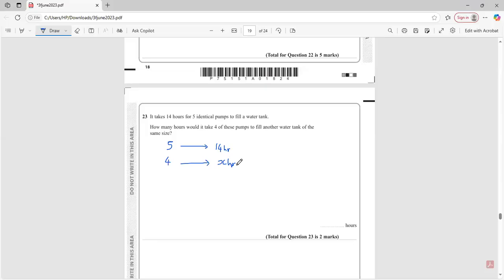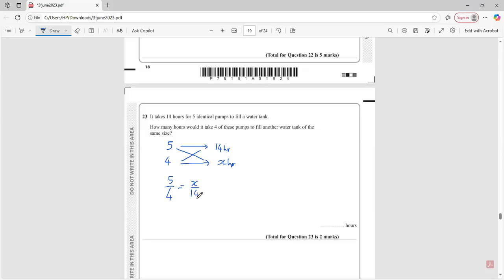Since it's inverse, I would do a cross kind of thing. So that's going to be 5/4 equals x over 14. So this is how I usually handle mine.